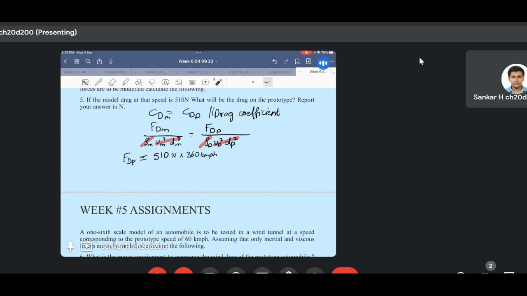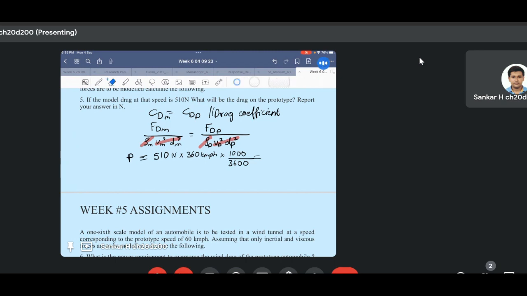Now we need to convert this kilometer per hour into meter per second, or in the SI units. So what we do is, in 1 hour there are 3,600 seconds, and 1 kilometer has 1,000 meters. Therefore, we'll get this through a simple multiplication. We'll get the power requirement. Sorry, this is not FD, this is power required.